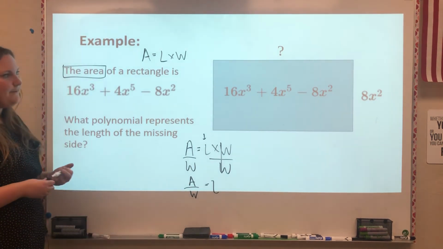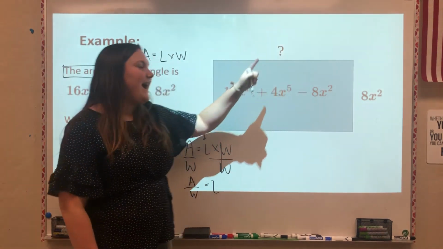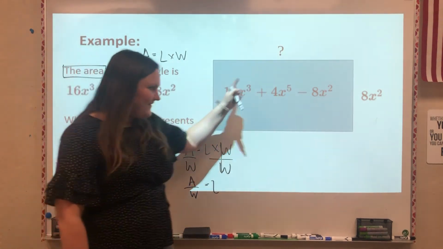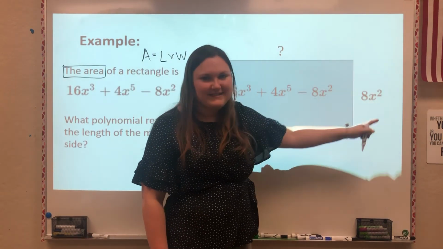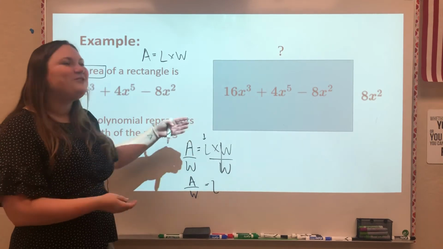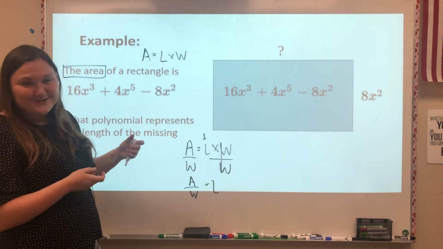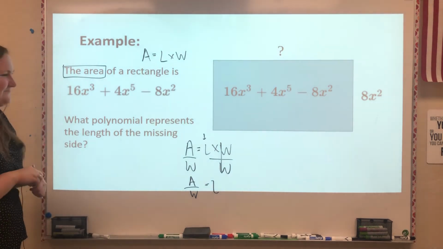Now, what does that tell me? Well, it tells me to figure out this missing length here, I need to take my area divided by the width of the rectangle. You might have already known to do that without this, but I could not possibly miss an opportunity to show off something we learned earlier in this class on literal equations.